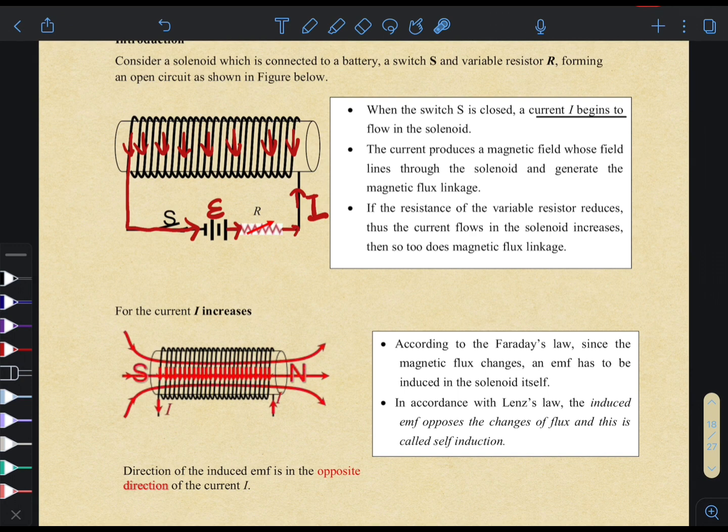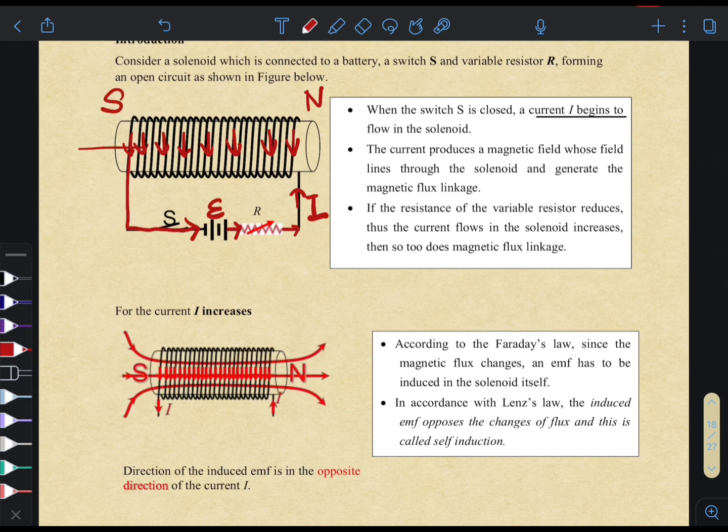Bila kamu nak pegang pensel itu, use your fingers to hold them. And then make sure all the 4 fingers has to curl down in front of the pencil. At that particular point, awak akan nampak bila awak tengah lilit pensel kamu tu, 4 jari kamu point ke bawah di hadapan pensel. Your thumb is going to point to the right kamu. So ini akan jadi kamu punya north pole, indicating your direction of magnetic field.